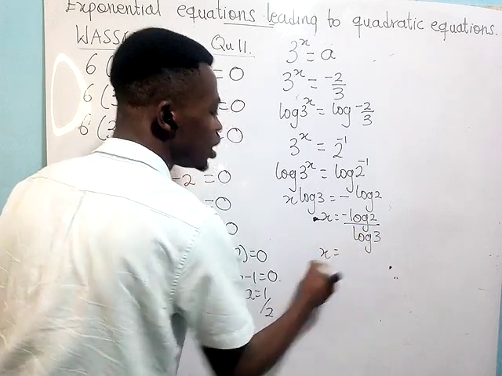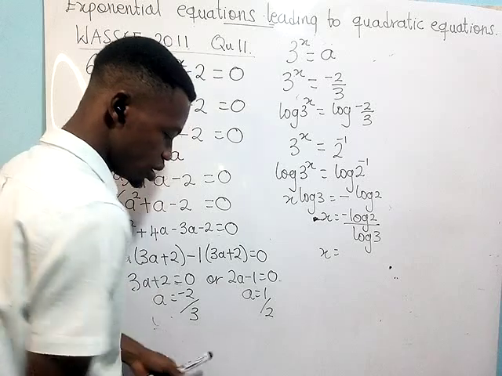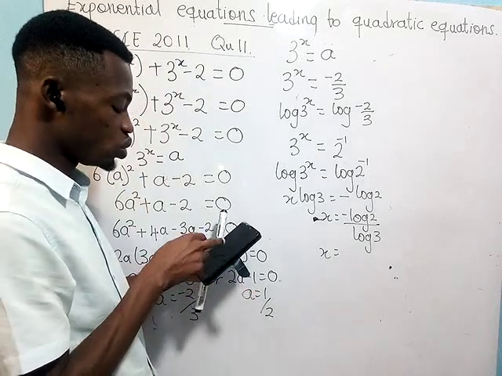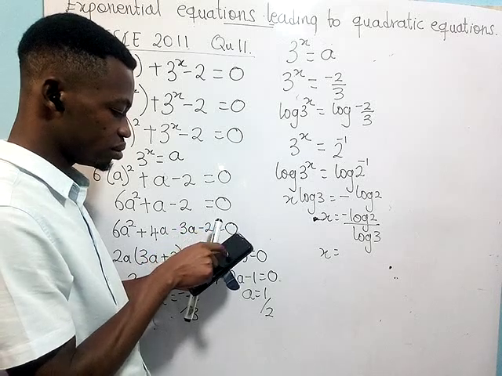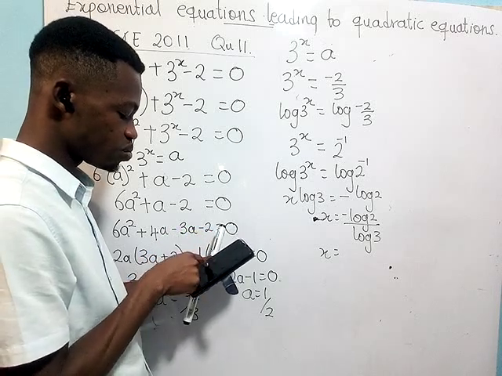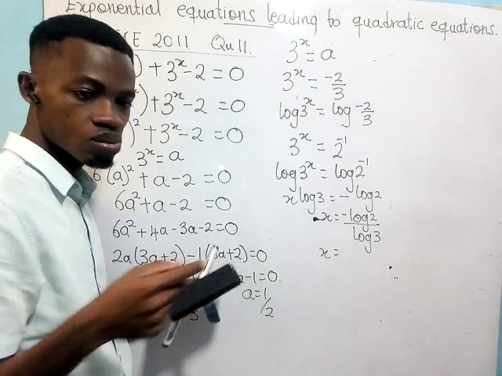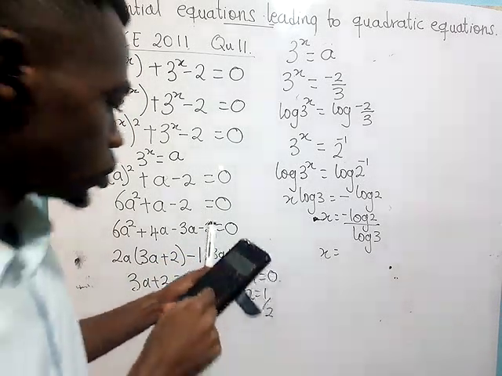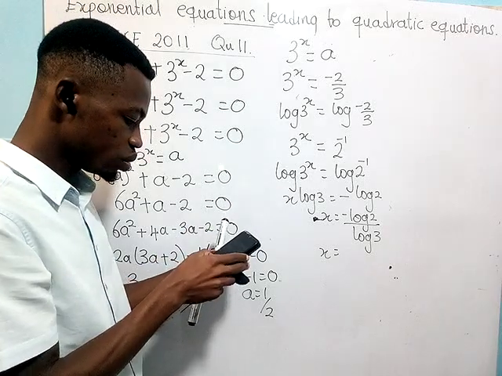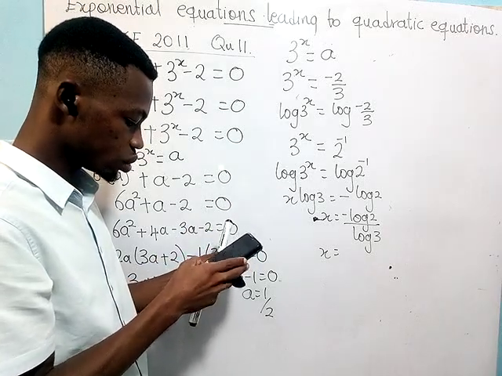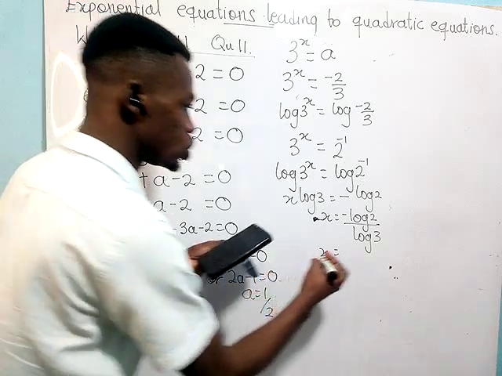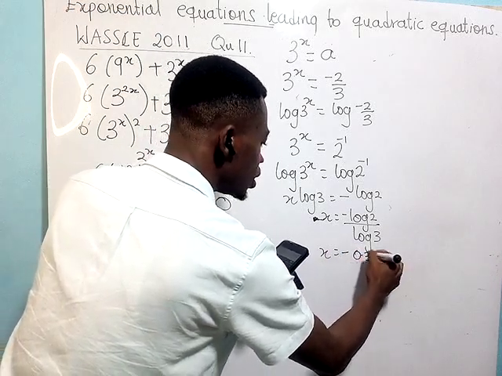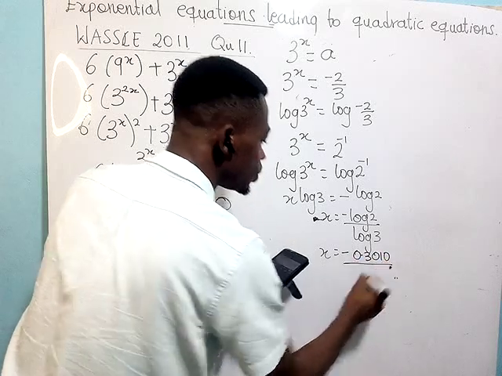So let's check the value of log 3 using the calculator. Log 2 will give us minus 0.3010.